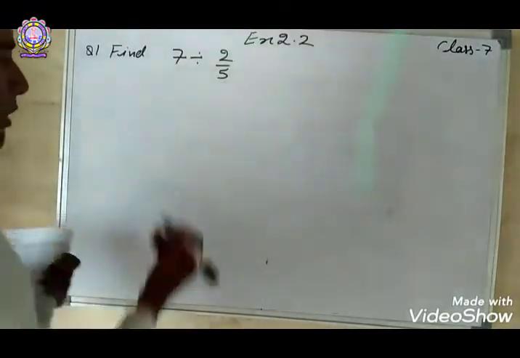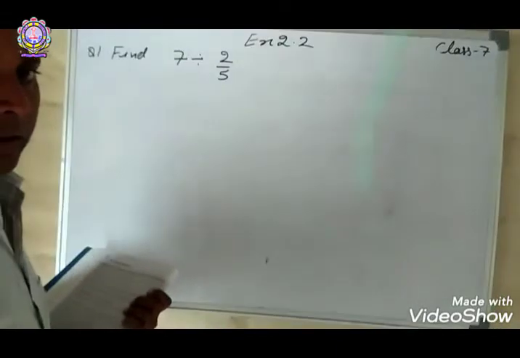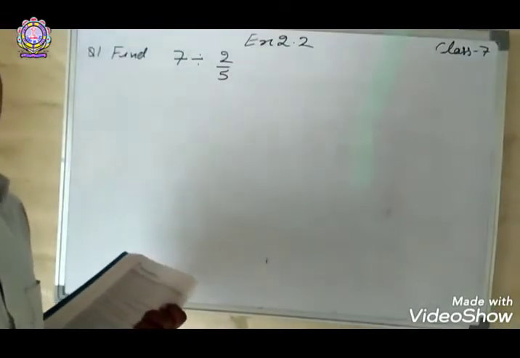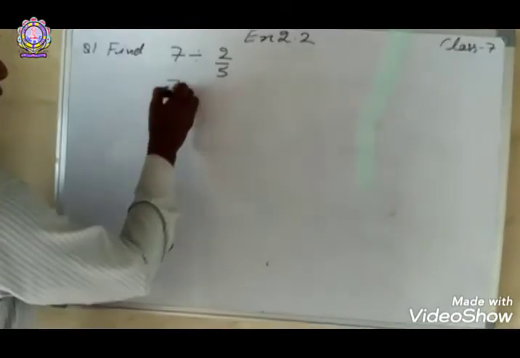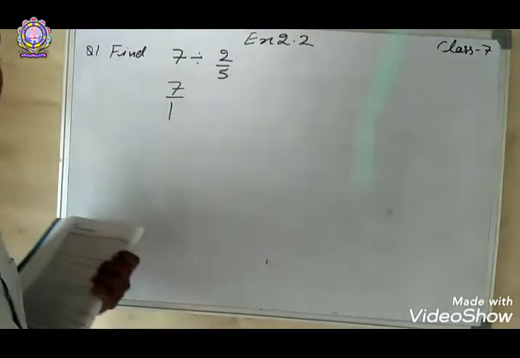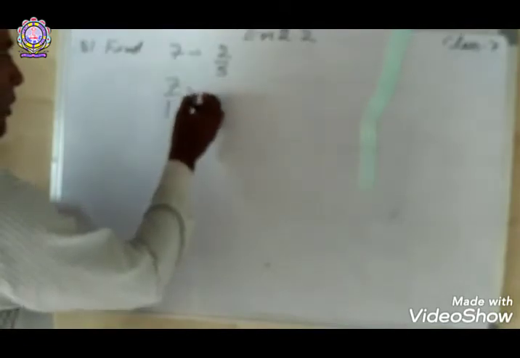So 7 has no denominator, so of course we write 1 as the denominator. So 7 upon 1, and division changes into multiplication.